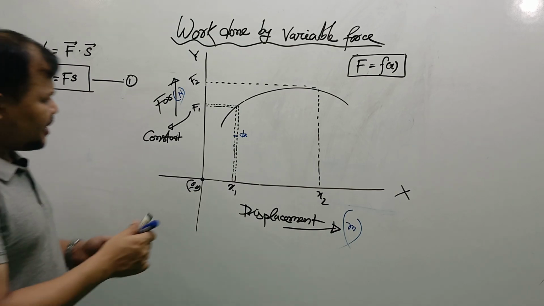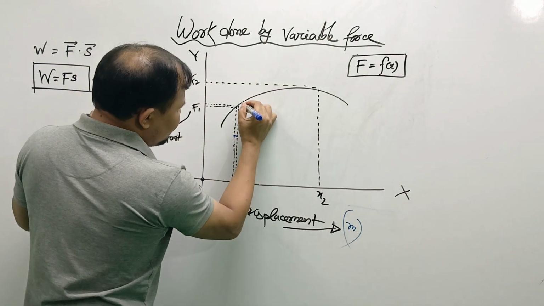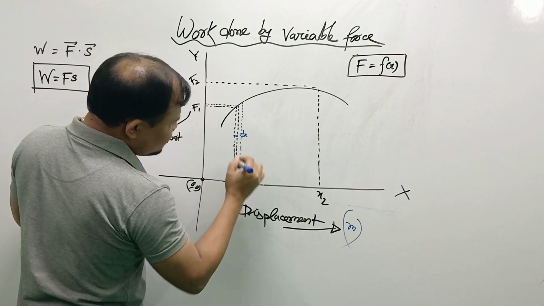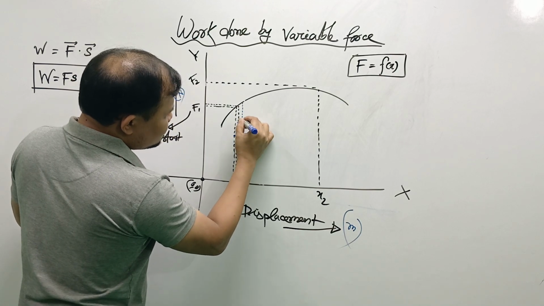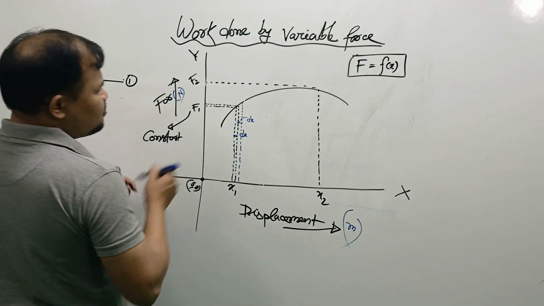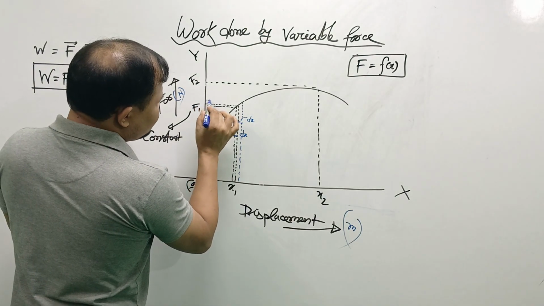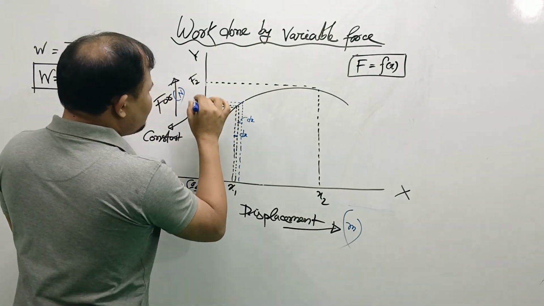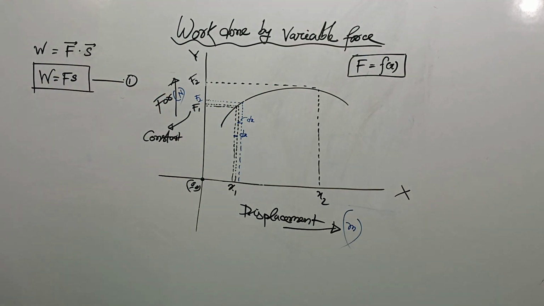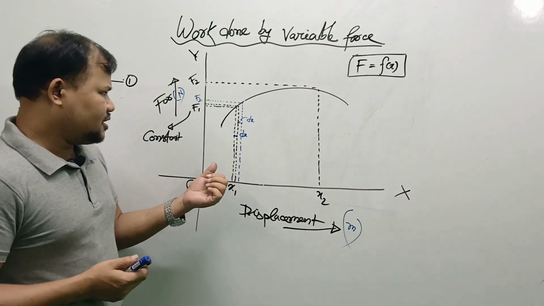If we move to the next section, suppose again we take a very small displacement, also dx. Because of this displacement, another force F2 also looks like a constant. Try to understand what actually happens here.